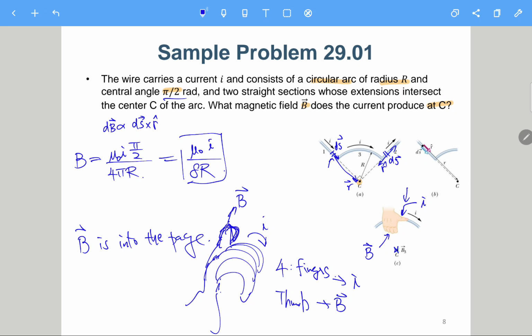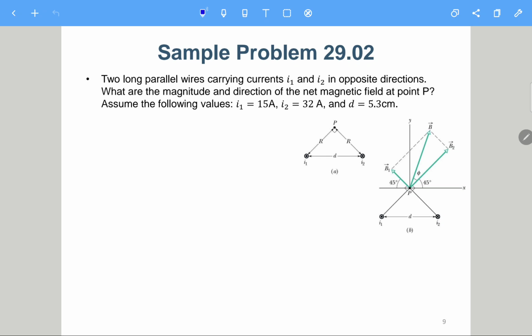Actually, the most difficult part of the magnetic field is determining the direction. Okay, if no questions, we have another sample problem.